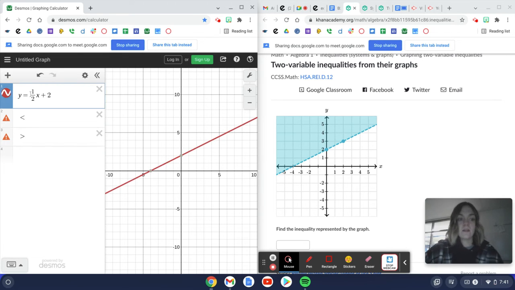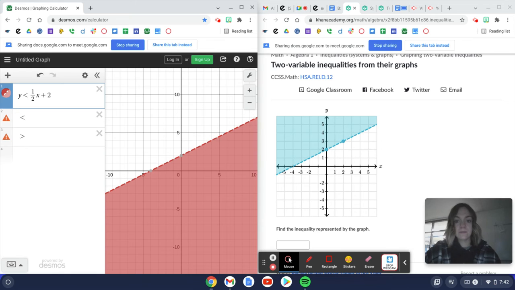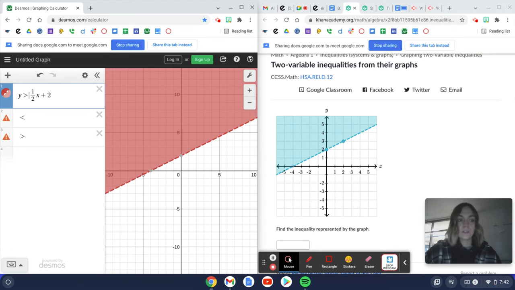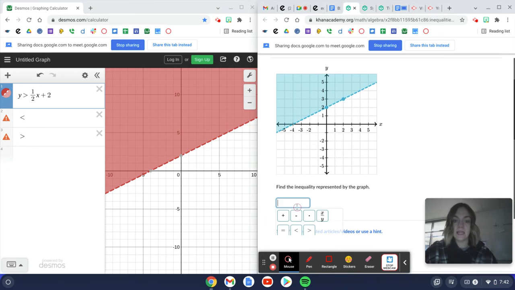I'm going to try the less than inequality sign. That didn't work because obviously my shading is underneath and I need it to be above where my line is. So I'm going to put y is greater than 1/2 x plus 2, and that gives me exactly everything that I need. So I have y is greater than 1/2 x plus 2.